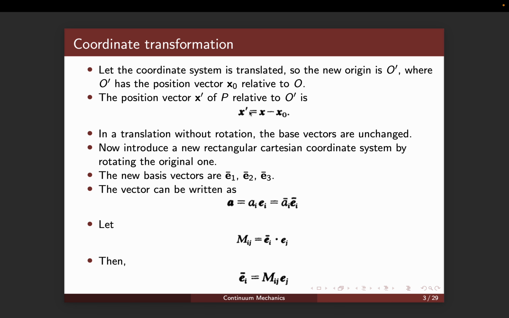A vector in the coordinate system with origin O can be related to the same vector in the coordinate system with origin O prime by this relation. Here the basis vectors are unchanged, so it is easily represented with just a position vector between the two coordinate systems.